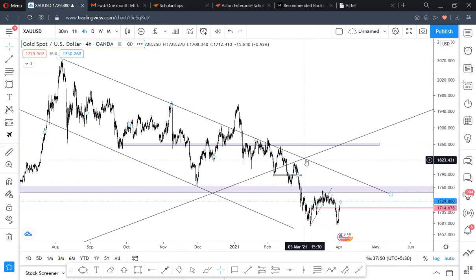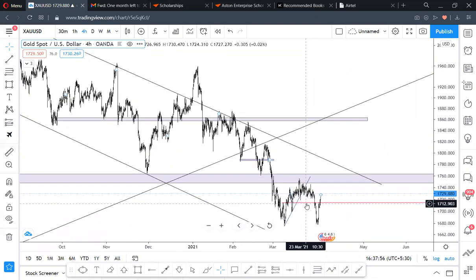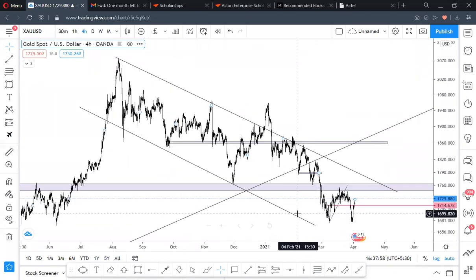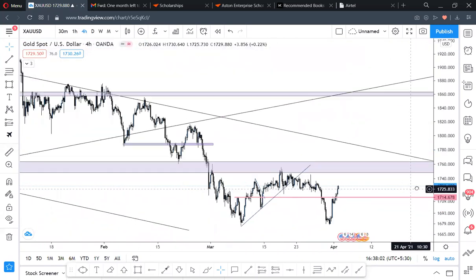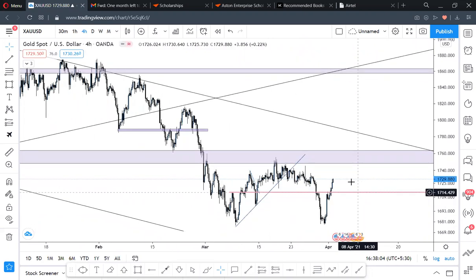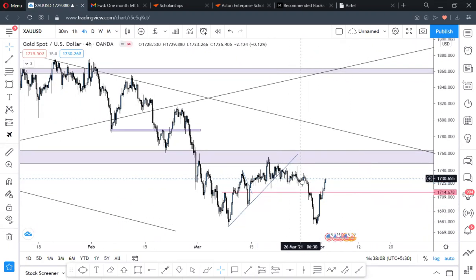I was very bearish on gold for quite a long time. I've been saying since about 1980 that it was bearish order flow, but now I'm looking at it.